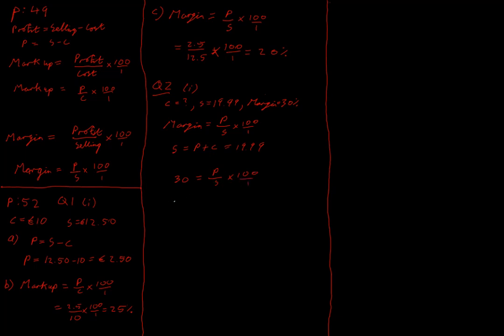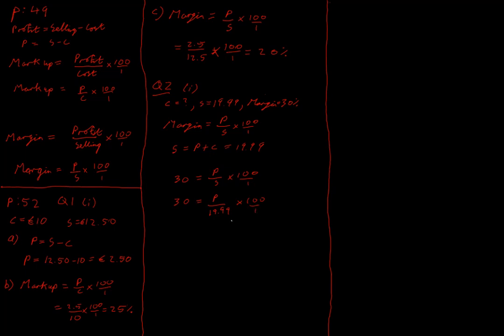I know what my selling price is. It's $19.99, so I'm going to sub that in. 30 is equal to profit divided by $19.99. This is just rearranging a formula to get P by itself. And multiplied by 100 over 1.